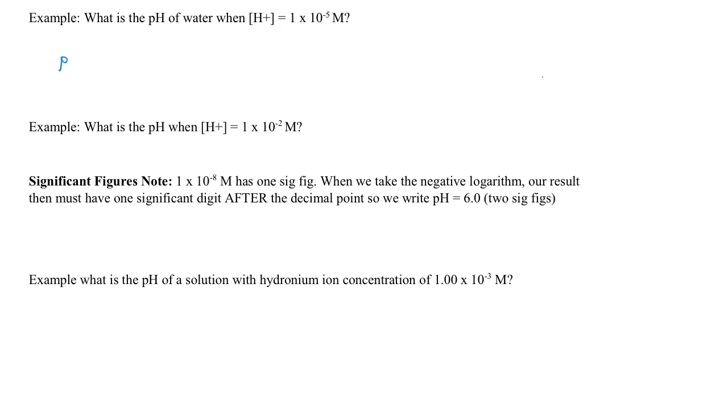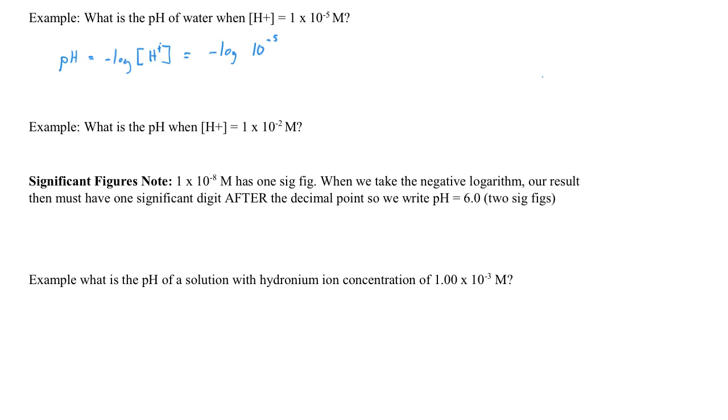First we need to recall that pH is just the negative logarithm of the hydronium ion concentration. Since we're given the hydronium ion concentration, we just need to find the negative logarithm of it. So we're finding the negative log of 10 to the -5.